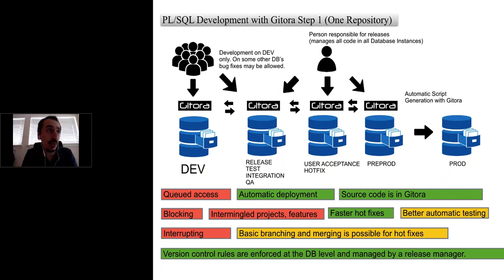So what you want to do is create your final deployment script using Gitora, because you can create it with one click. Then using edition-based redefinition, you create a new edition in your production environment and run the script.